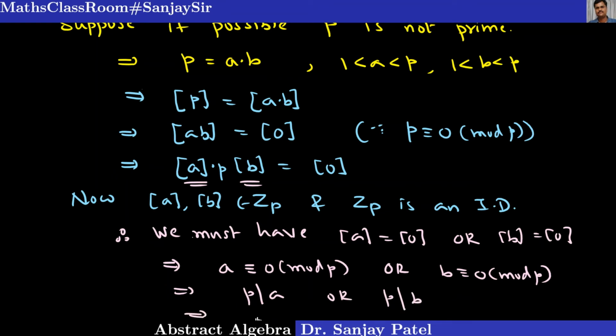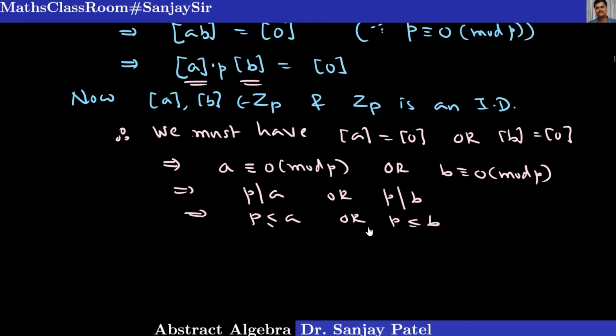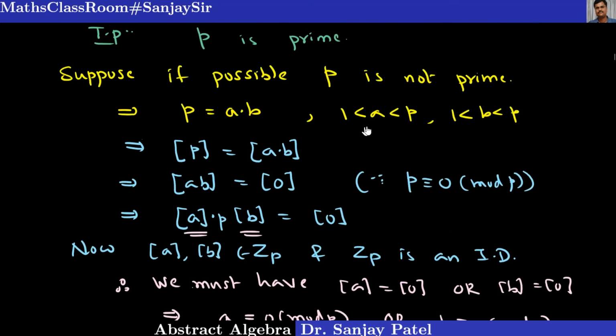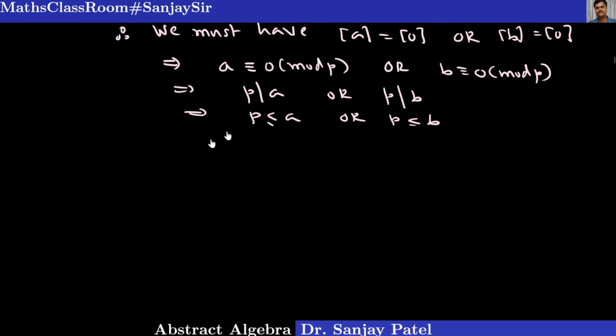And that gives me the contradiction, because p divides a means p is less than or equal to a, or p is less than or equal to b. So this is a contradiction, because we have written here that a is less than p and b is strictly less than p. So this is a contradiction to a is less than p and b is less than p.